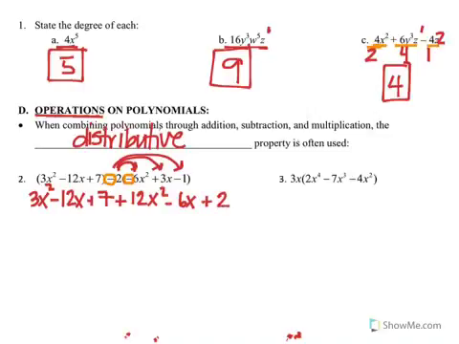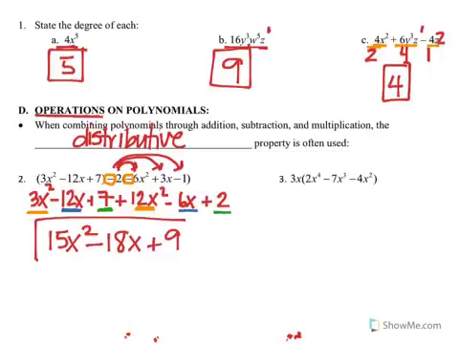Because I was distributing a negative 2, it ended up changing all the signs. So now we can collect like terms. This one gets added to this one, this one gets added to this one, and this one gets added to this one. So I'm going to end up with 15x squared minus 18x plus 9 as my final answer.